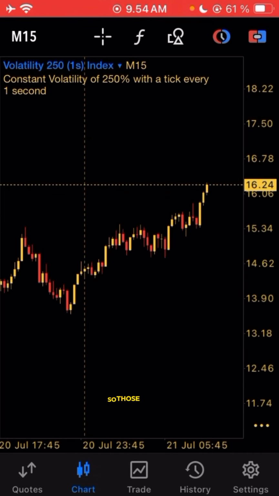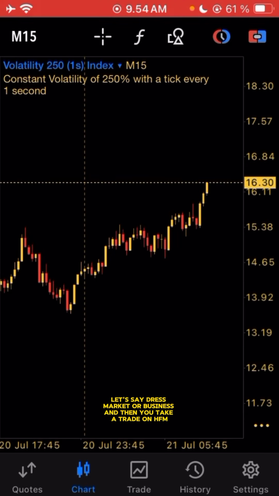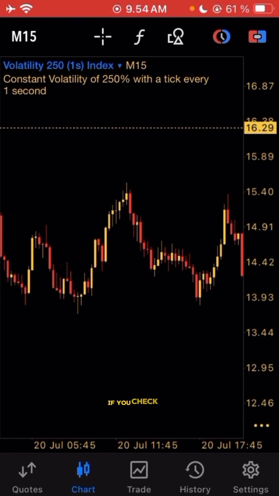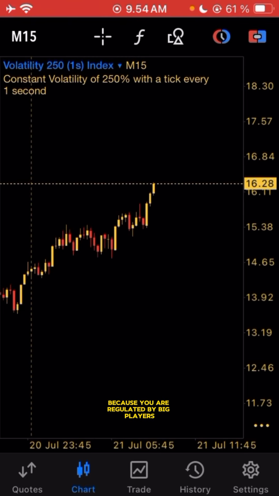Okay, so those are the people that regulate the forex market. So if someone takes a trade on, let's say, Just Market or XM, and then you take a trade on HFM, the same chart, that's how you notice all the brokers have the same chart. If you check the chart on HFM and you check the chart on XM, it's the same thing. Why? Because they are regulated by big players.